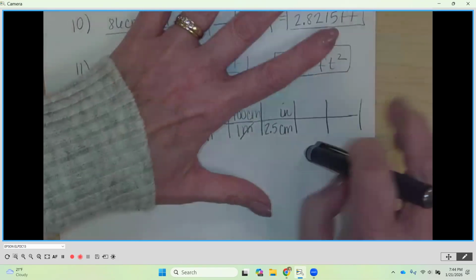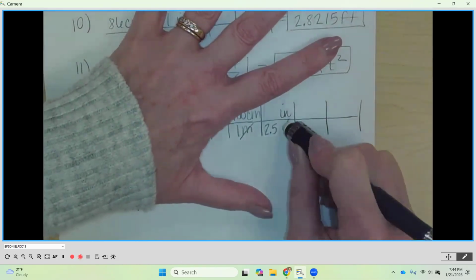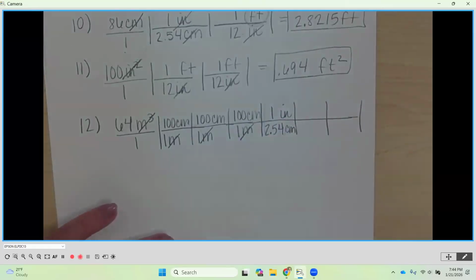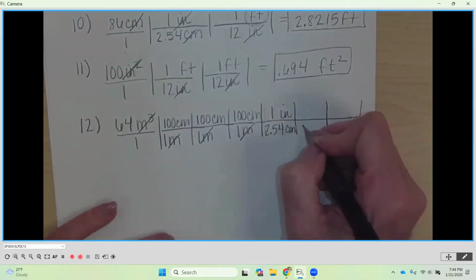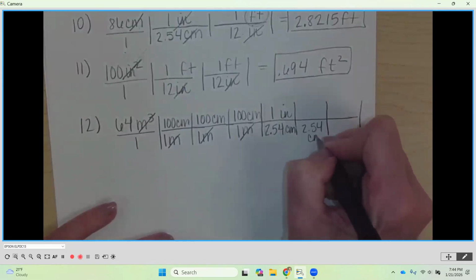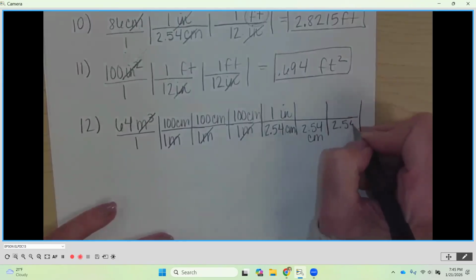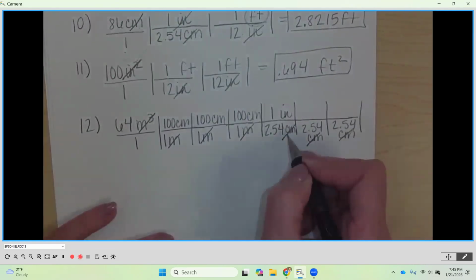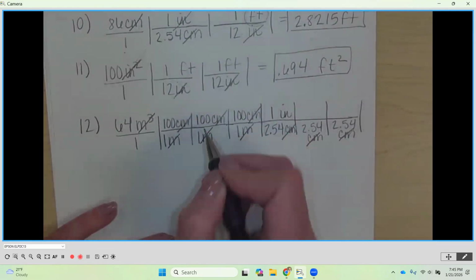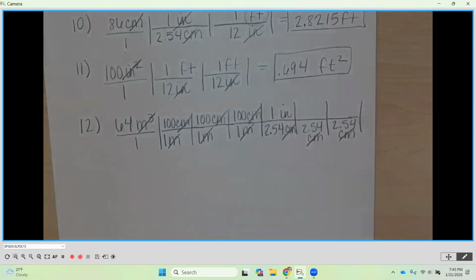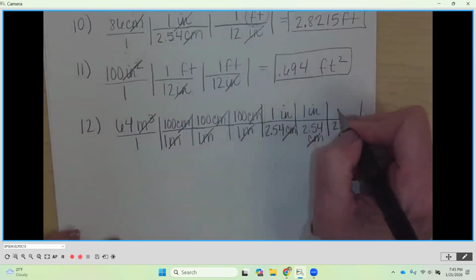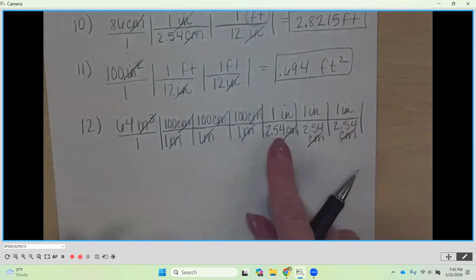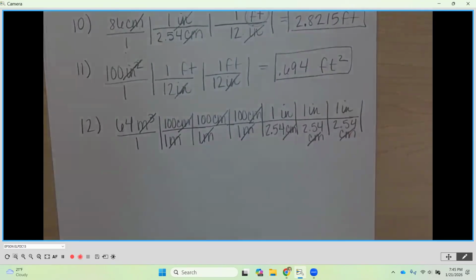So 2.54 centimeters to 1 inch on the top. And I need to do that 2 more times. 2.54 centimeters down there. So 1, 2, 3 centimeters cancels out the 3 on top. And then I've got 1 inch, 1 inch, and inches times inches times inches. Cubic inches are left over.